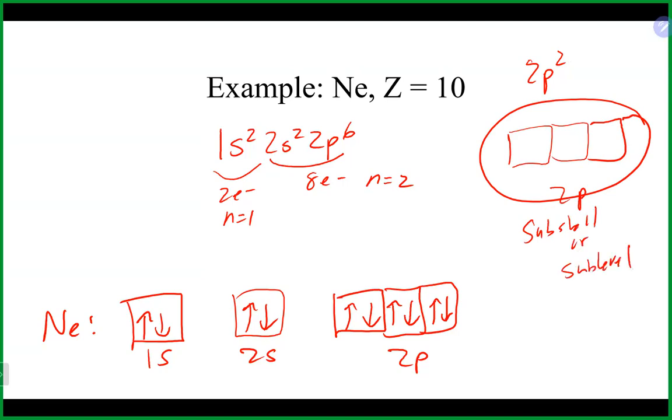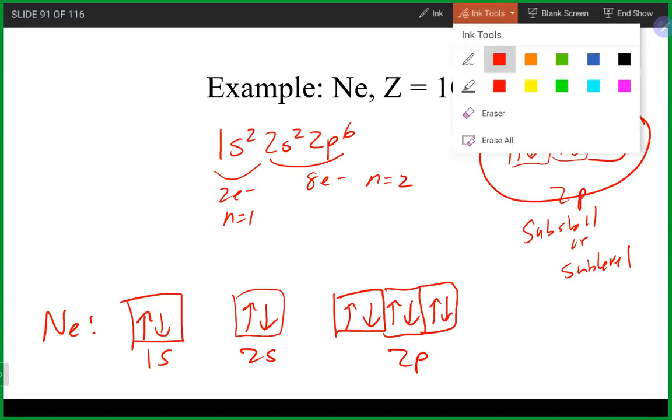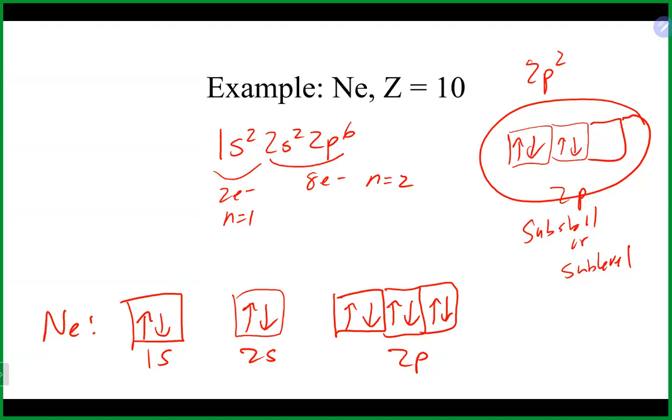Whenever you have multiple electrons that need to go into multiple orbitals together, they always go up first in each box. Only when you reach the end of all the orbitals do you go back and start pairing off. So always one up and then come down. In the case of 2p2, it would look something like that at the end.